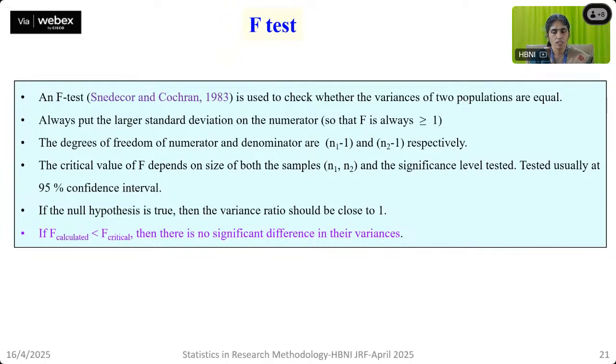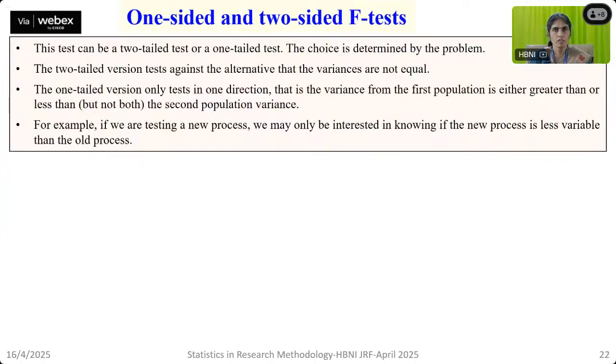Whereas in real situations, the F values have numerical values greater than 1. However, if the calculated F value comes out to be less than the critical F value, then the null hypothesis holds. There is no significant difference between their variances. The variances of the two sets of data, 1 and 2, are comparable.